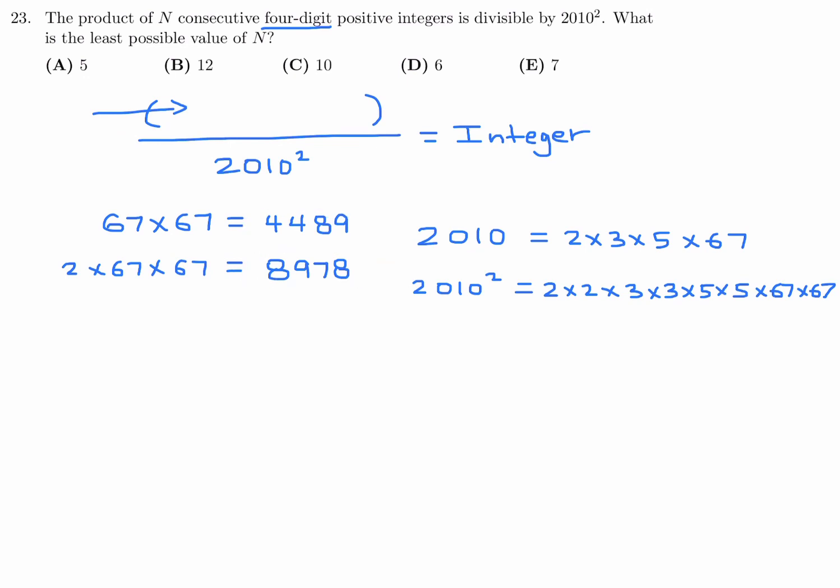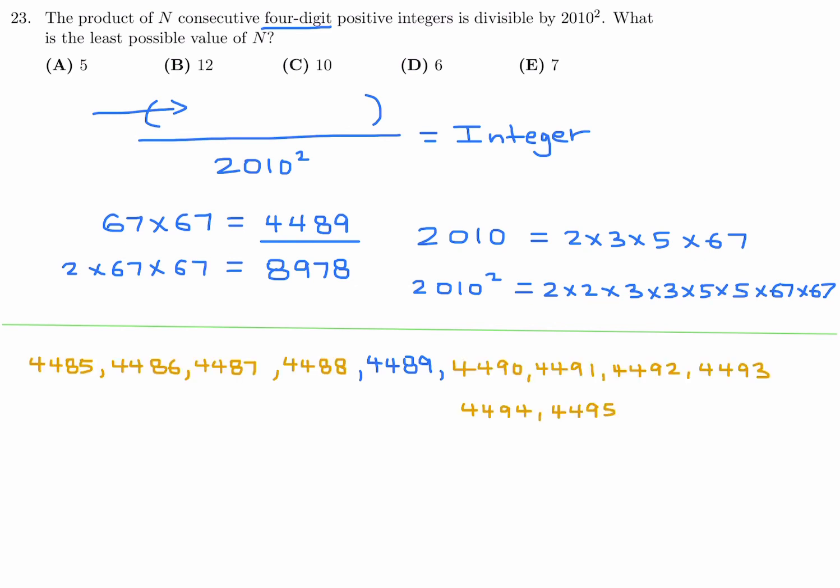So first, let's just start with this one here and see what we get. All right, we're going to start with 4489. Now, I don't know which direction we're going. Are we going greater? Are we going less? So I'll just write in a few on either side. Now let's play this game. My task is to involve all of these prime factors in a string of numbers that includes 4489 as my reference point.